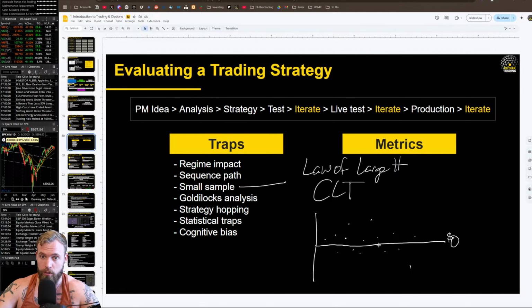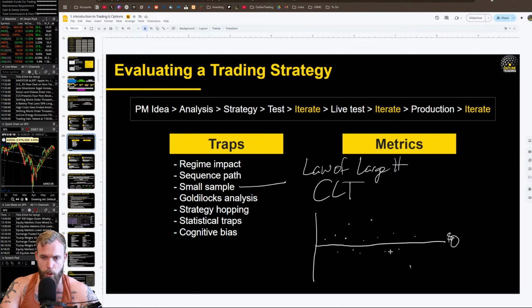Most people don't know you can do that. It's really not that difficult. We're literally going to calculate, well, how many trades do I need to have before this thing actually starts to represent what the performance is? We can calculate it.